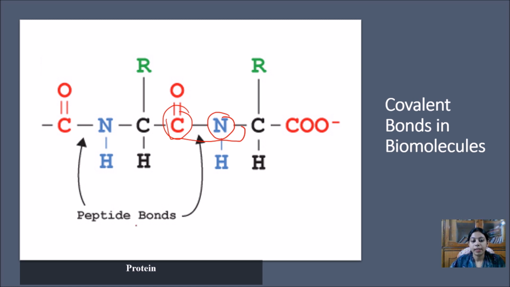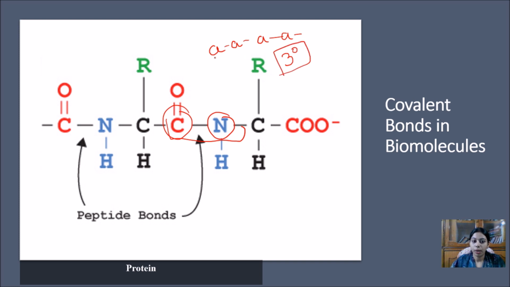This helps the chain of amino acids to come together to form the primary structure of the protein, and depending on the sequence of amino acids, the secondary and tertiary structures of the protein will be formed. And you know that the tertiary structure of the protein is the functional form of the protein.